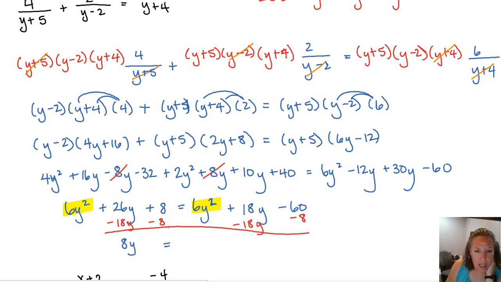Those 8's add to 0, our 18y's add to 0, and negative 68. And if we divide both sides by 8, we get y equals negative 17 over 2.